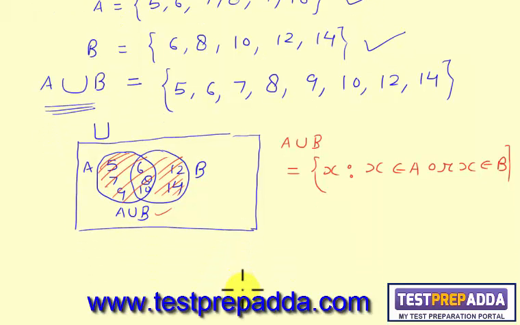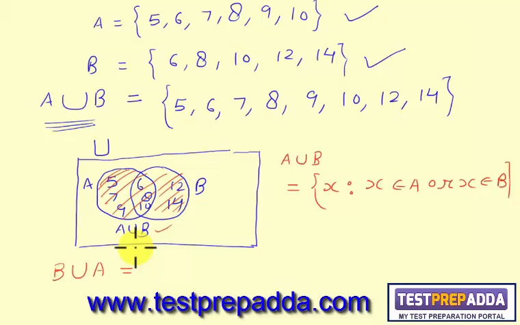Now, if I try to find B union A, then it will be what?